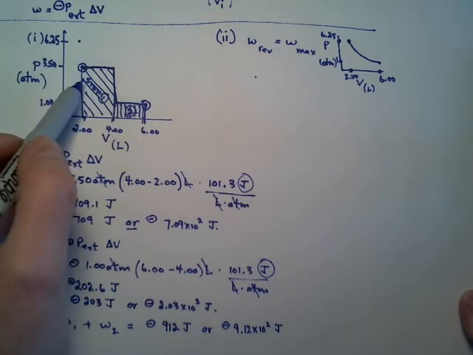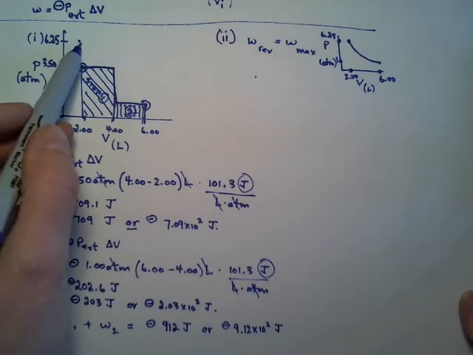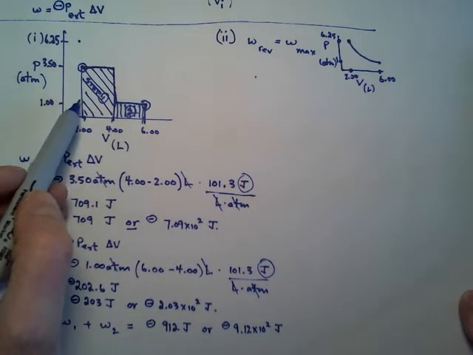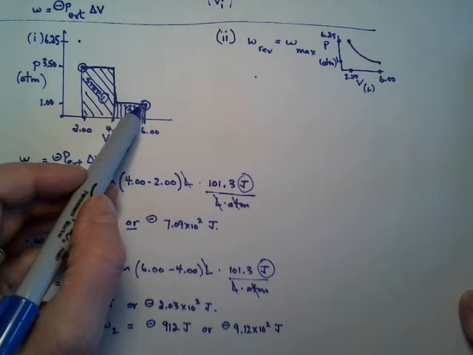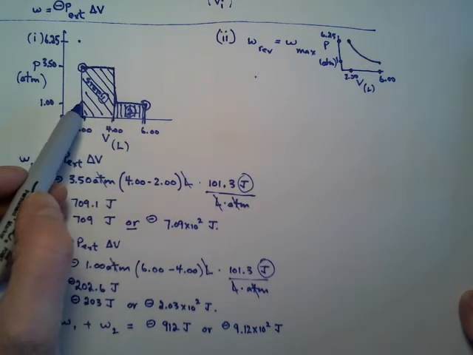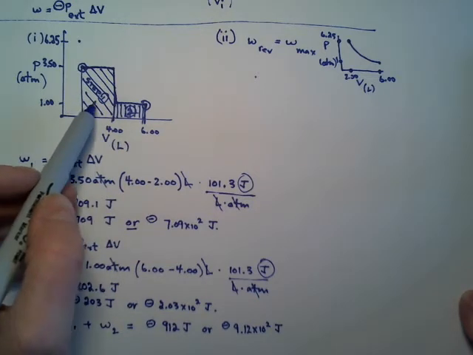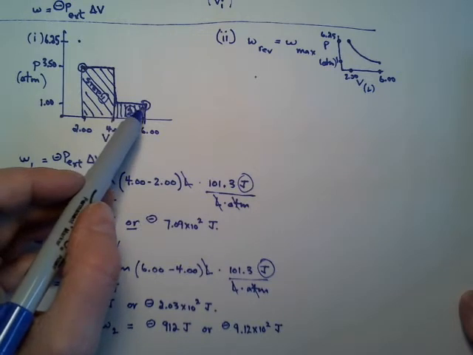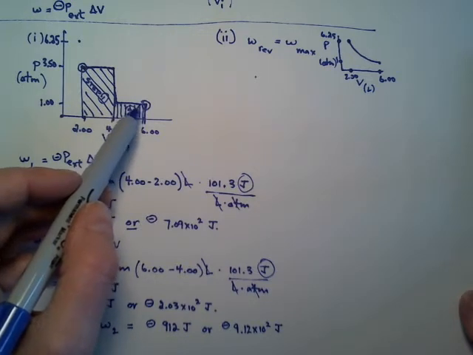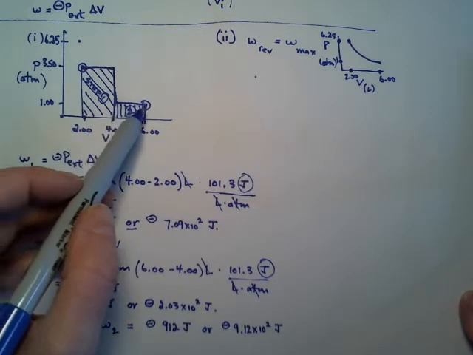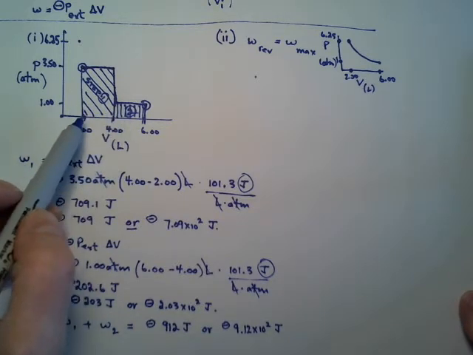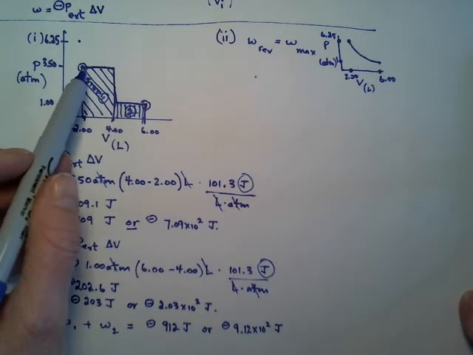So when you do it in one step, if I were to do this in one step, that would have come all the way down to here first, and then I would have a rectangle that would have dimensions of 1 atmosphere by 4.00 liters, in other words 6.00 minus 2.00, and so it would just be the area under here, a much smaller rectangle than doing it as a 2-step.